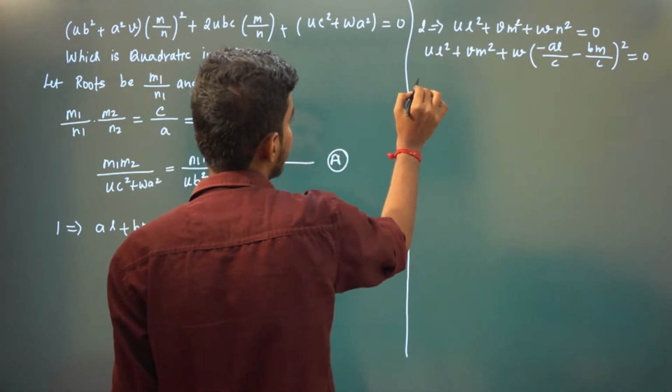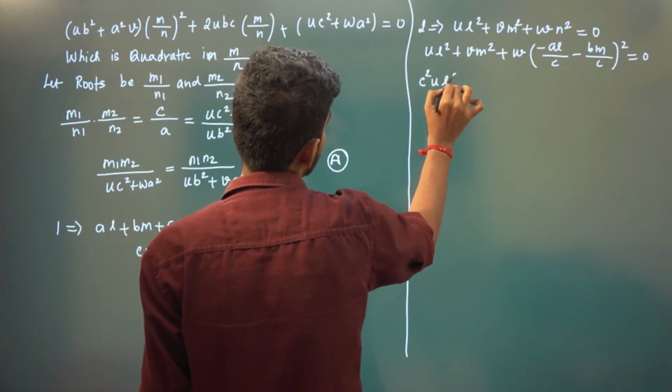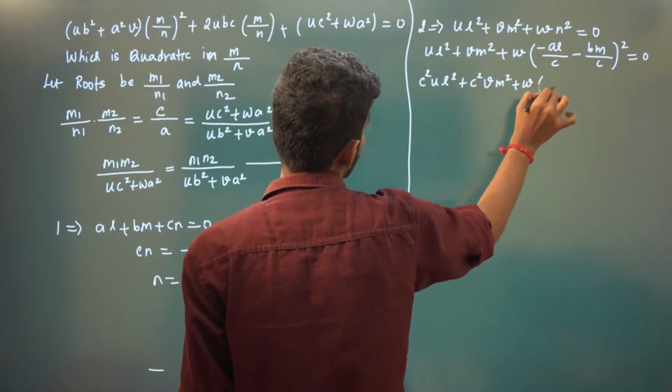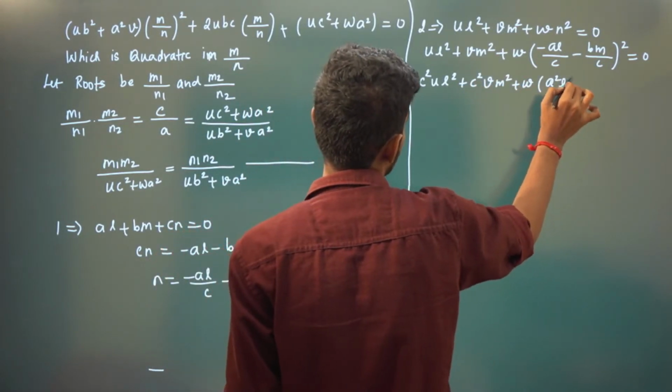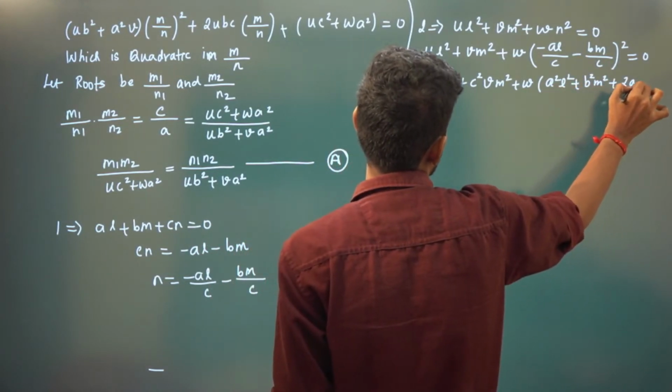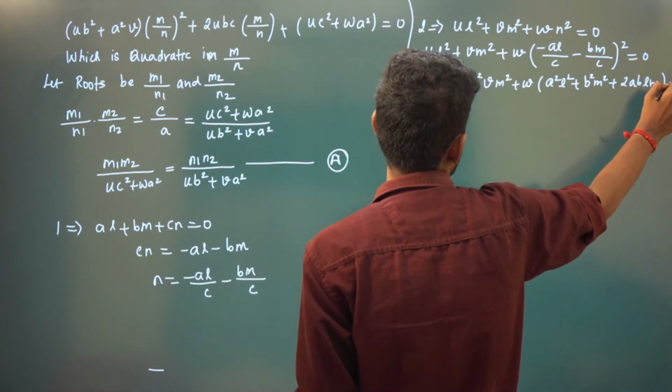Let us take c square here. So c square u l square, c square b m square, plus w into (a plus b) whole square formula: a square l square plus b square m square plus 2ab lm is equal to 0.